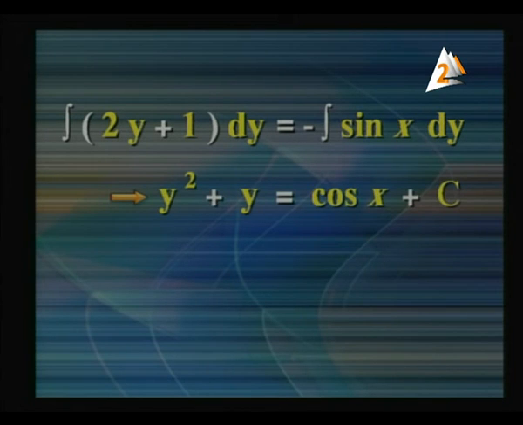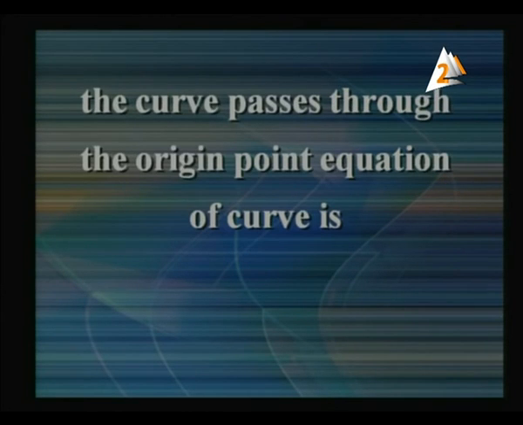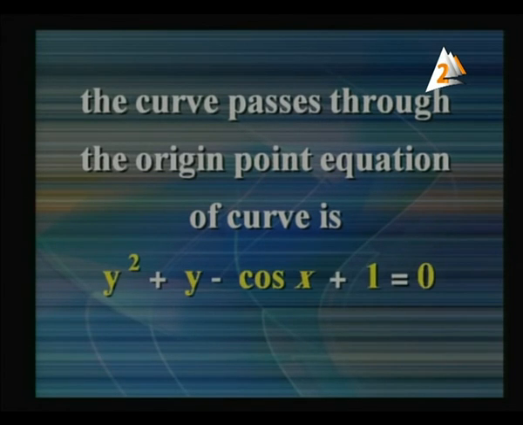After that, we integrate the left-hand side and right-hand side. Therefore, y squared plus y equals cosine x plus c. c equals negative 1. Why? Because the curve passes through the origin point (0, 0). Equation of the curve is y squared plus y minus cosine x plus 1 equals 0.